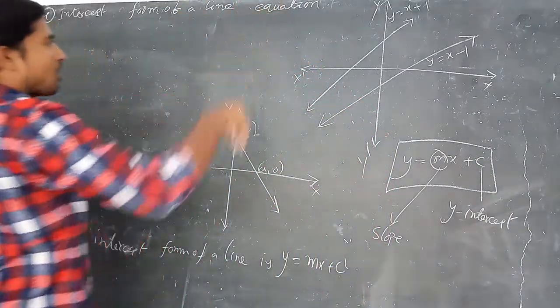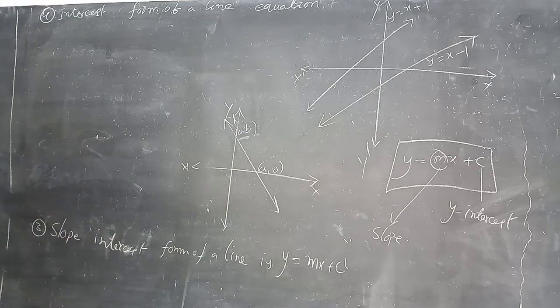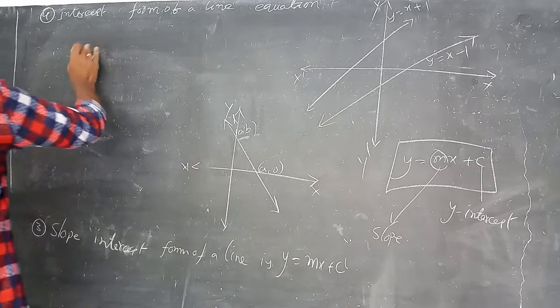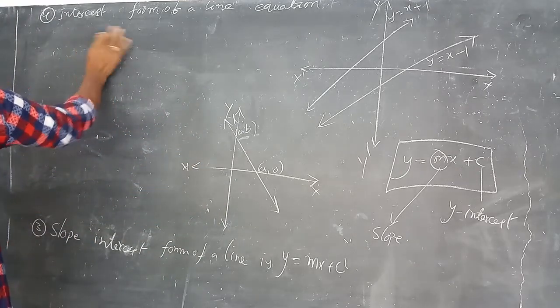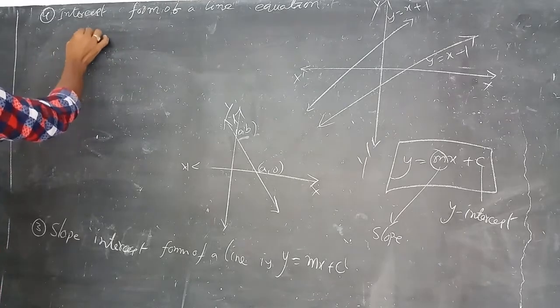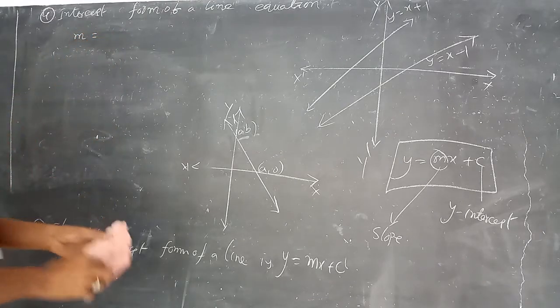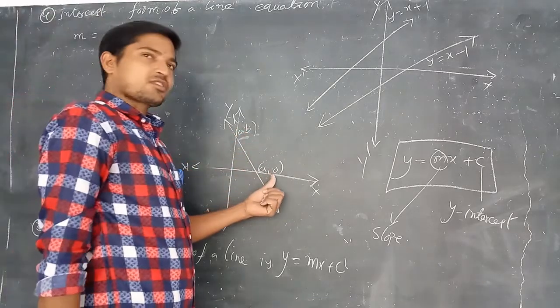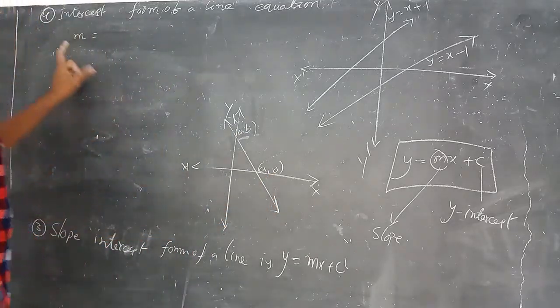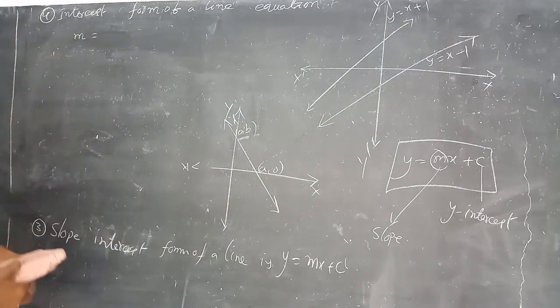Intercept form of a line equation: for this I got the slope minus b by a. Suppose the y-intercept is b and the x-intercept is a, then the slope m is equal to minus b by a.